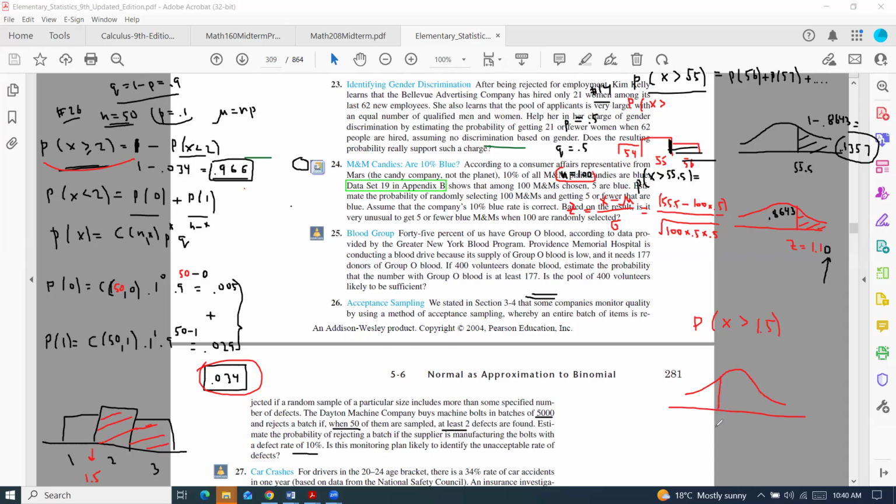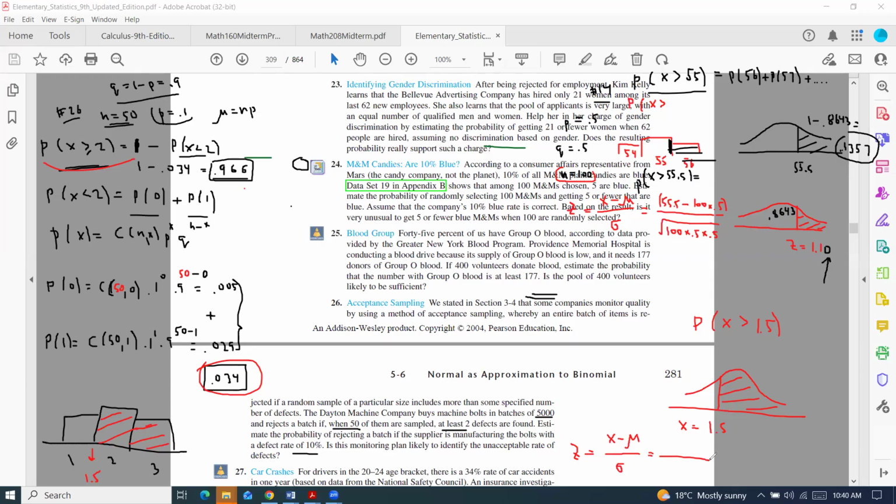So if I get 1.5 somewhere here, and I need the area to the right, this is going to be my x that I need to convert to the z-score, which is again x minus mean over sigma.